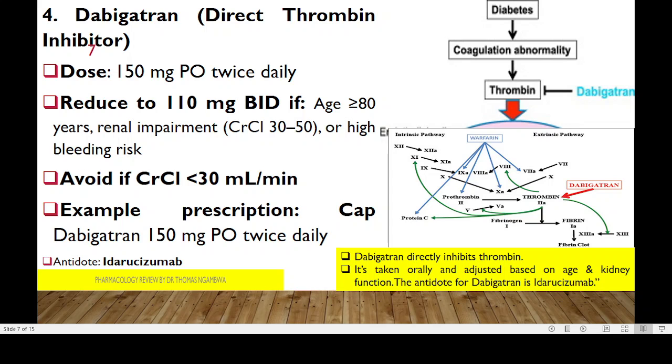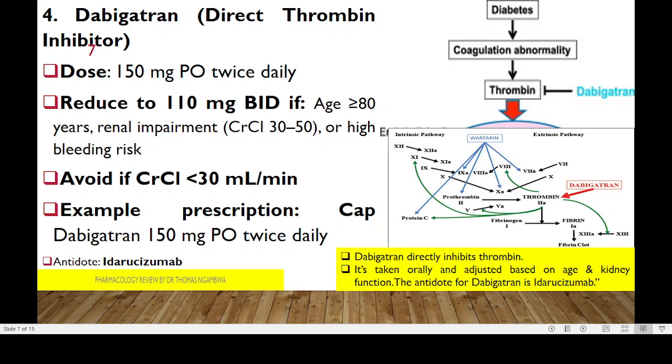Another anticoagulant drug is dabigatran, which is a direct thrombin inhibitor. Notice on our right where it is working along the coagulation pathway. You give 150 milligrams per oral twice daily, and then you can reduce it to 110 BD if the patient is more than 80 years old, or there is impaired renal clearance, or there is a high risk of bleeding.